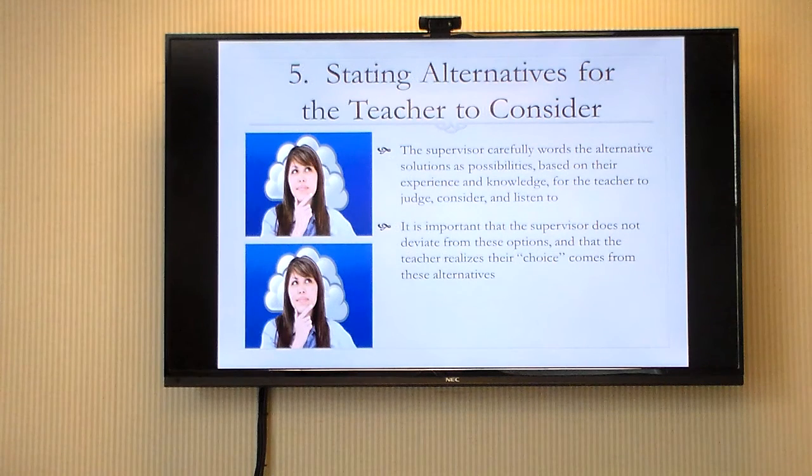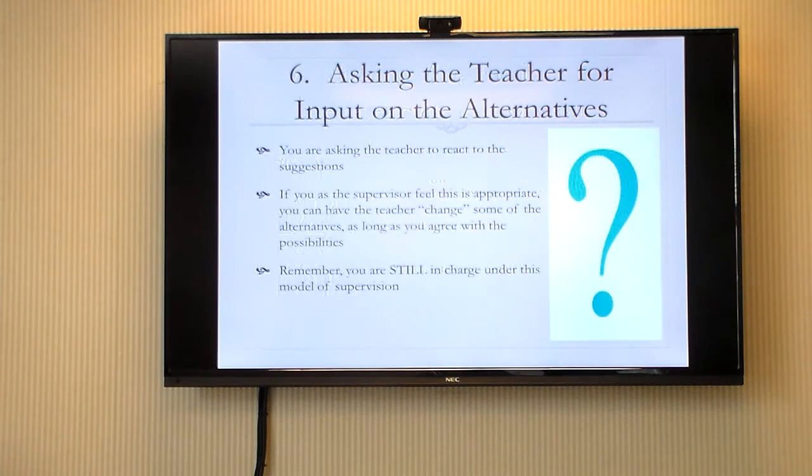You give the teacher alternatives, you give them choices, but you need to say that the teacher has choice in this matter. Give them 2 or 3 possible behaviors that they can do to improve or change the situation, and then you have to honor them as well. You're honoring your word to the teacher just as they're honoring their word to you when you're conferencing with them.